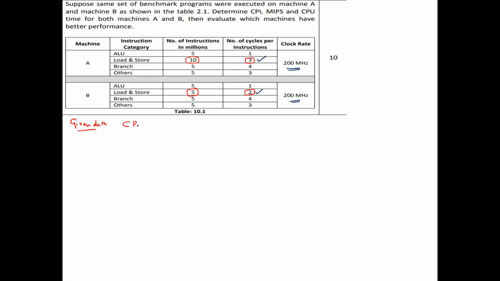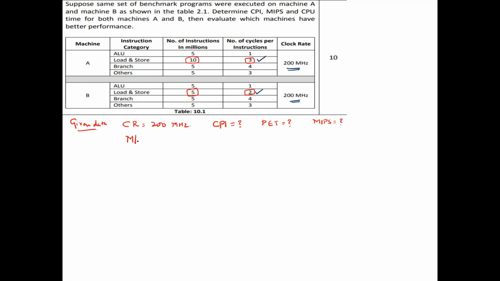One is the clock rate, it is uniform for both machines, right? And what all do I need to determine? The average CPI, then program execution time, and also MIPS, million instructions per second. Okay, now how many machines do we have?